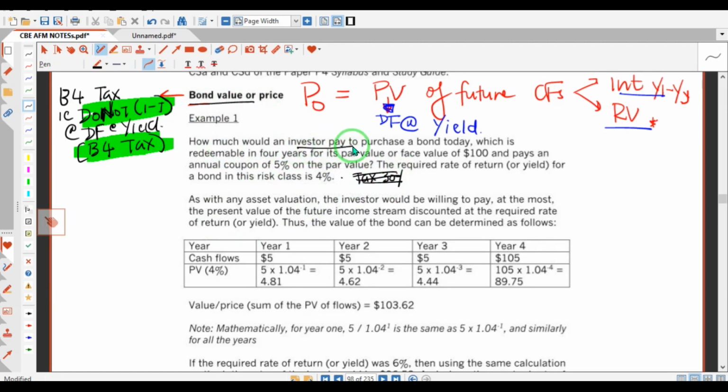So how much would an investor pay to purchase a bond today, which is redeemable in 4 years for its par value or face value of 100, and pays an annual coupon of 5% on the par value? The required rate of return or yield for the bond in this risk class is 4%.